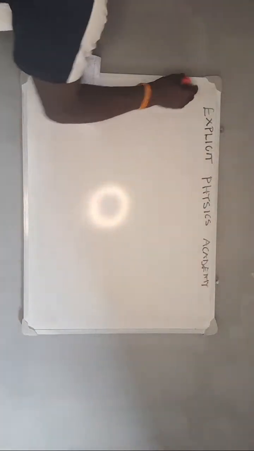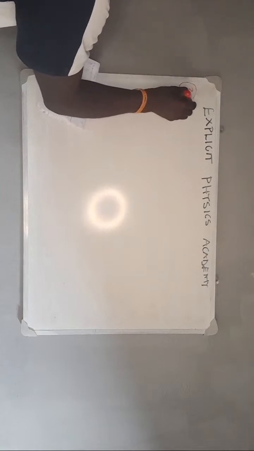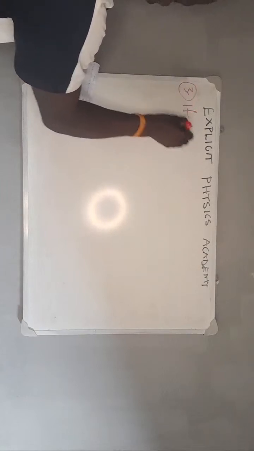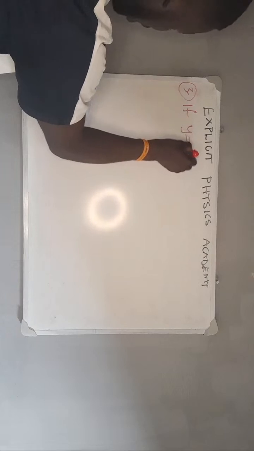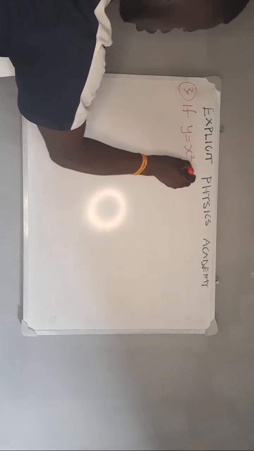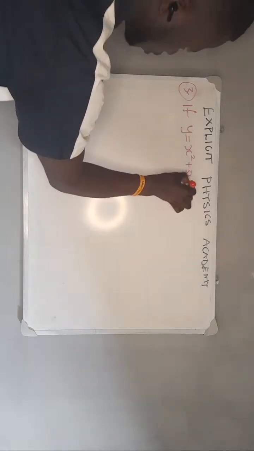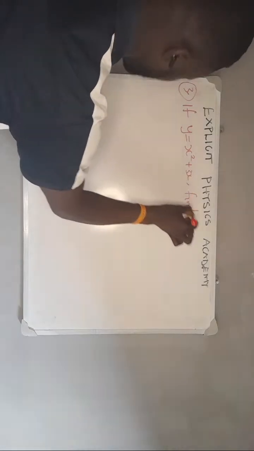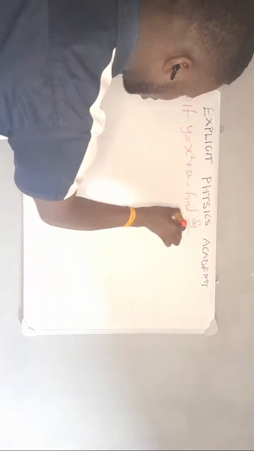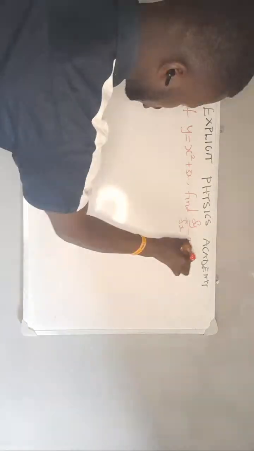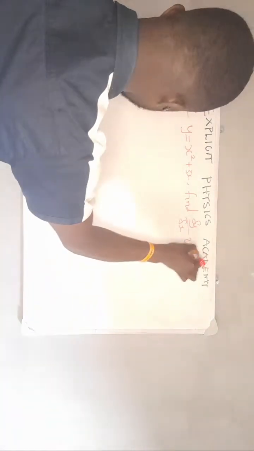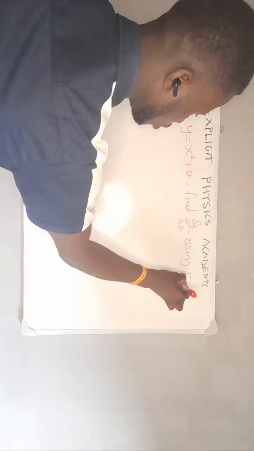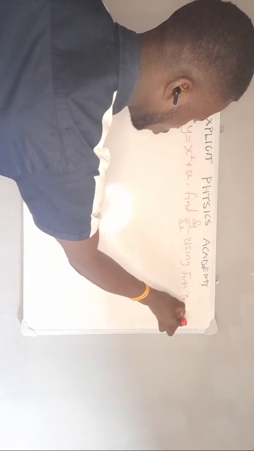Okay, we are given: if y is equal to x squared plus 3x, find dy dx using first principle.